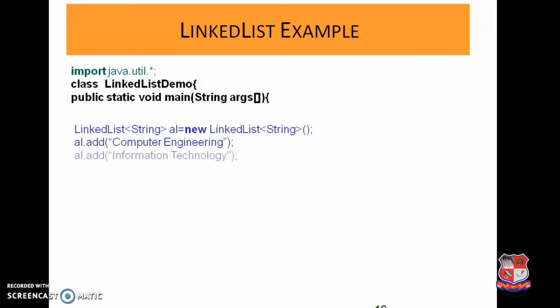Suppose we want to add 2 branches of engineering into our list, and then after we will define iterator in same way we defined in earlier slide to access array list.